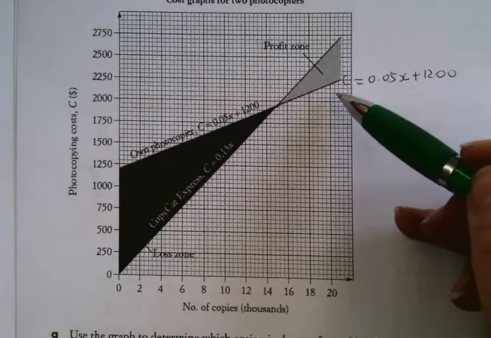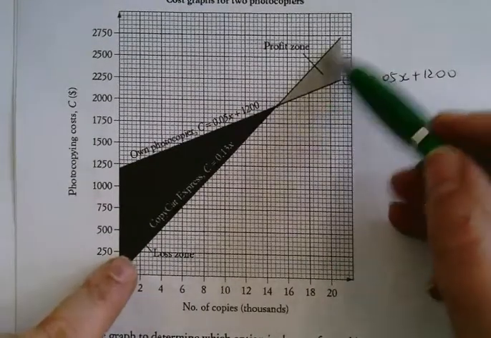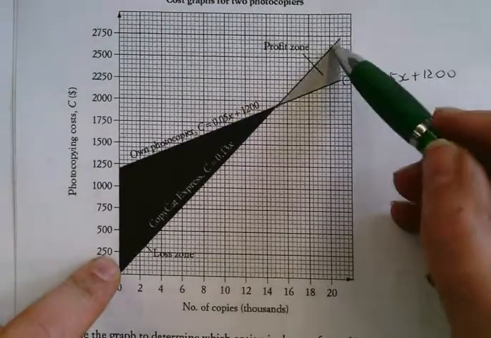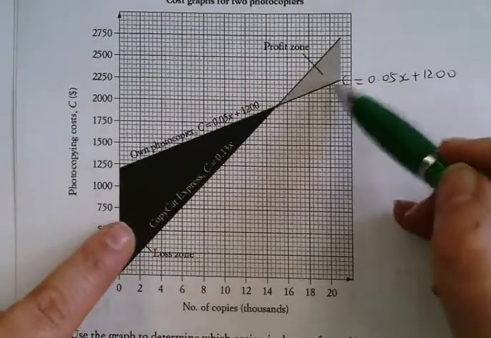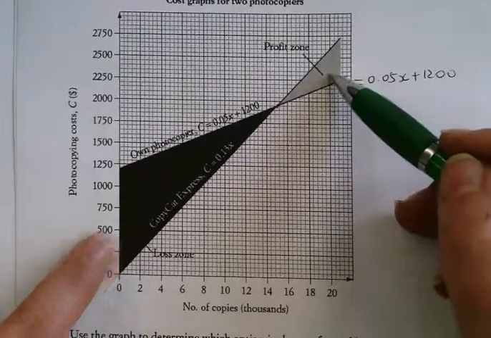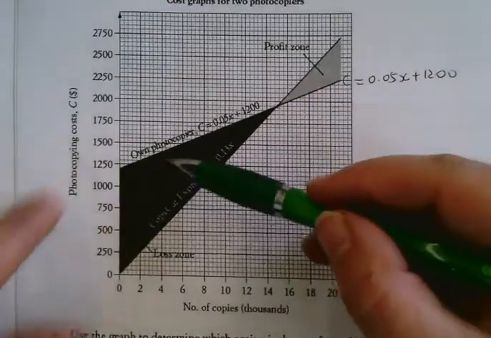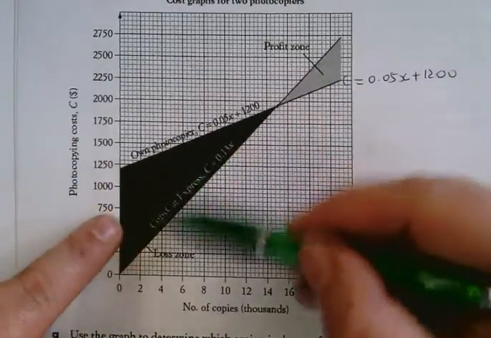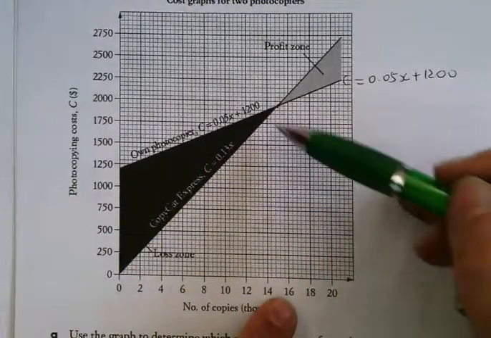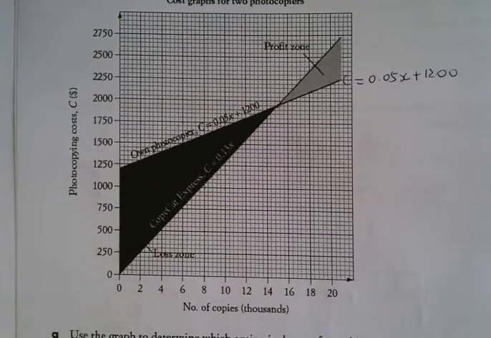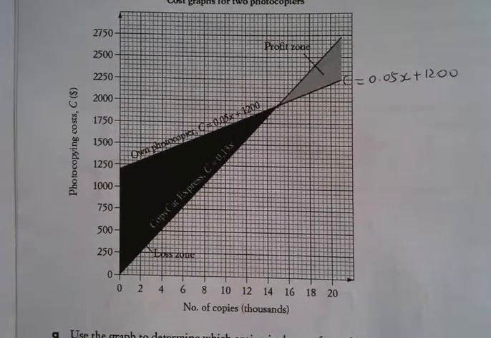Now, he's obviously got a business. You're not going to do that if you're at home, all right? And the difference here between Copycat Express and his costs will be the profit he makes, okay? But anything up until there, class is paying more money if he only does less than, say, about 15,000 copies. Yeah. He's really got to think, how long's the machine going to last me? How many years? Do you know what I mean? How many copies will I make per year?